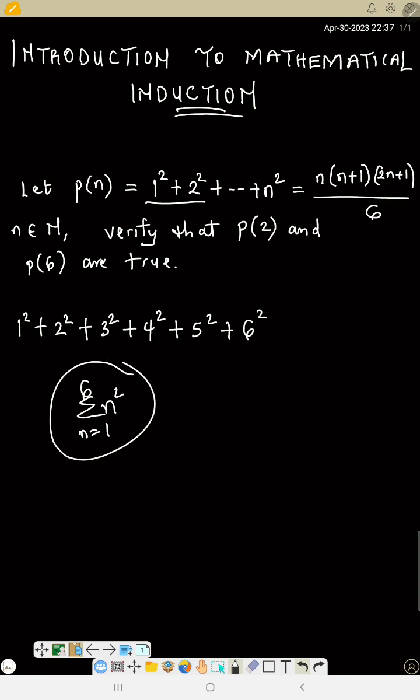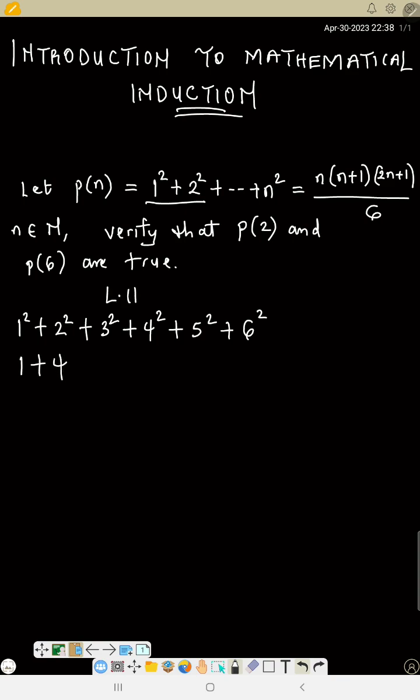We are adding everything up to 6, the sum of the first 6 terms. This is the left hand side: 1 plus 4 plus 9 plus 16 plus 25 plus 36. So everything is 91.